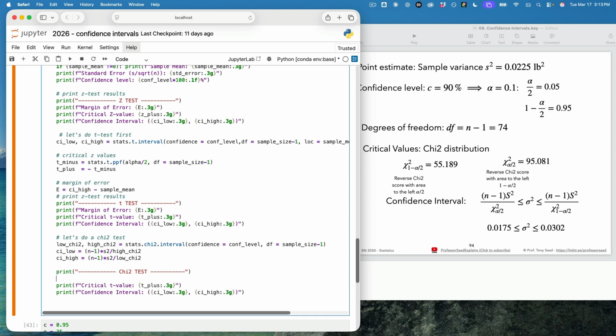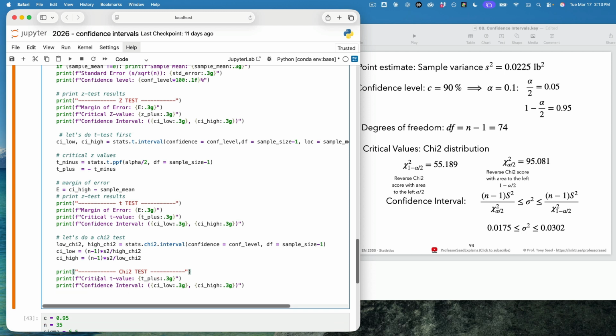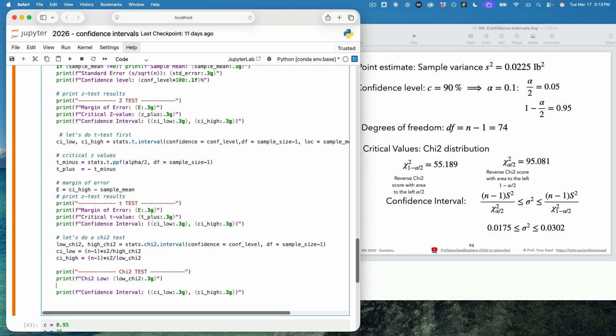So I'm going to eliminate this one, and then I'm going to put this one low chi2, and this one high chi2. And the confidence interval is going to be CI low and CI high, which is great.